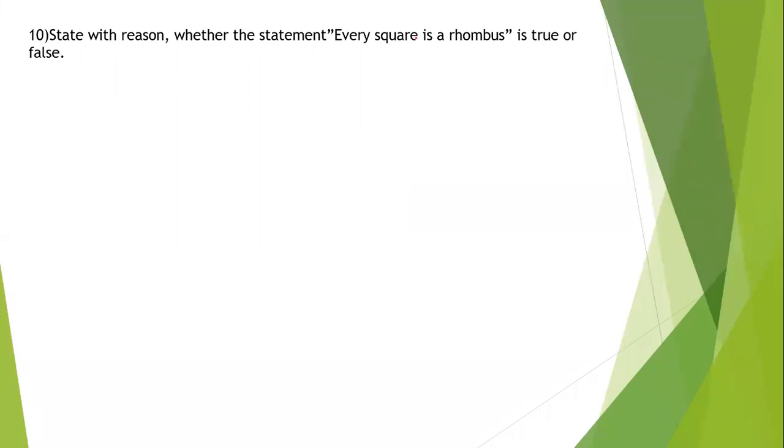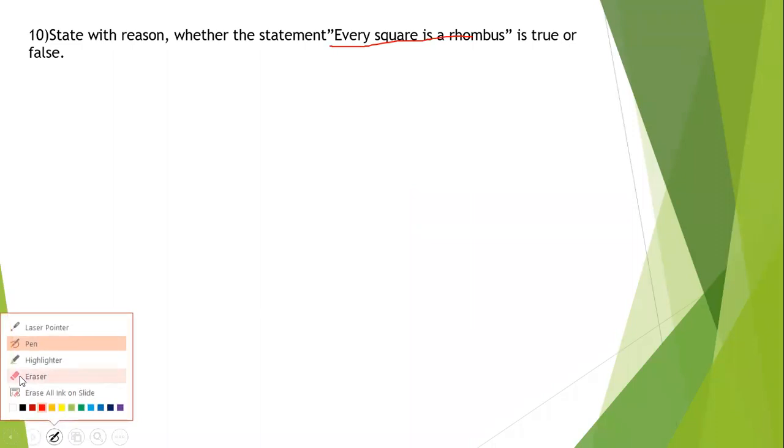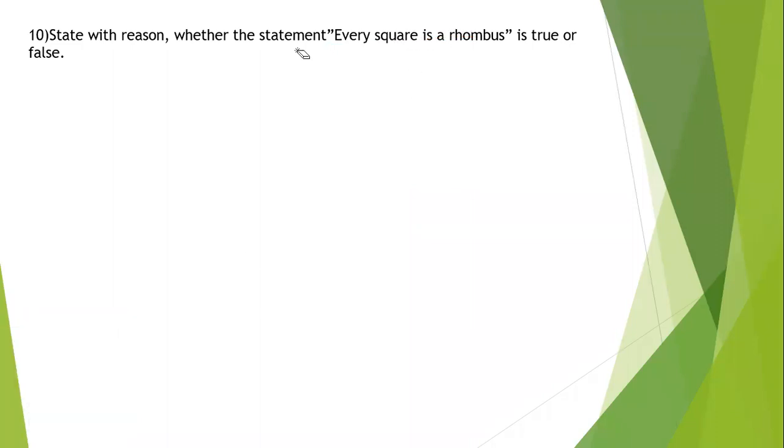Let us see the statement again. The statement is every square is a rhombus, right?